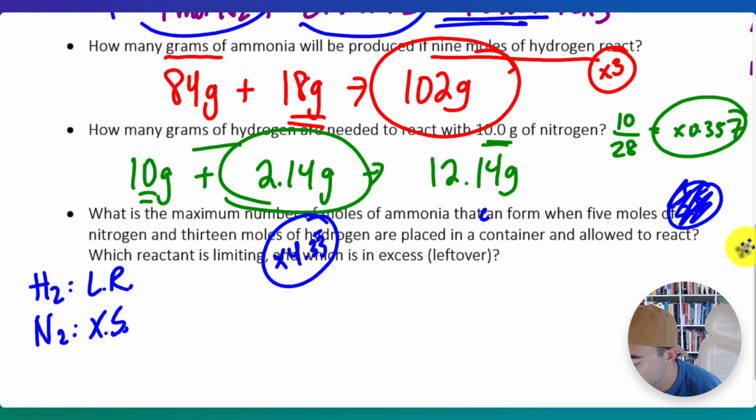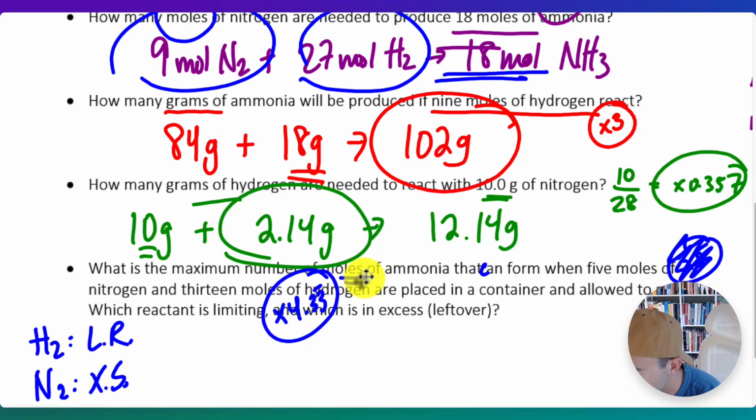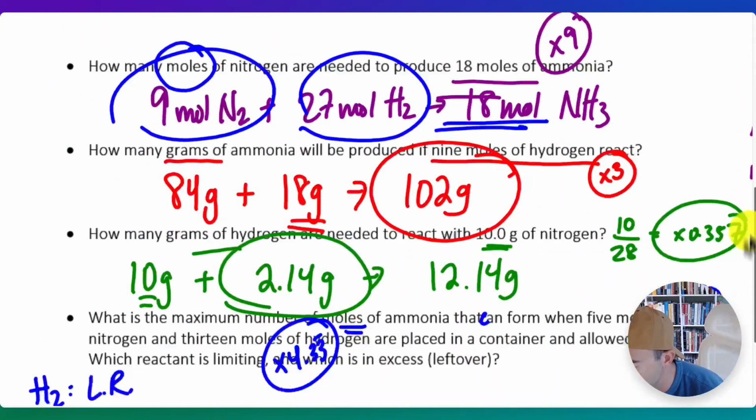So now what I'm going to do is go through that reaction and scale it. They were asking for maximum number of moles of ammonia, so I'm going to scale the mole reaction.